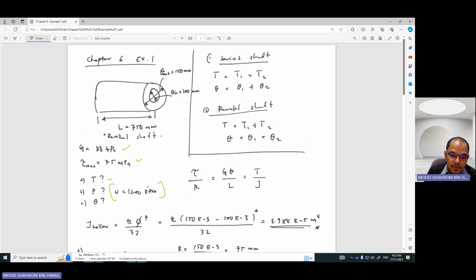Rotation per minute. RPM ni maksudnya rotation per minute.